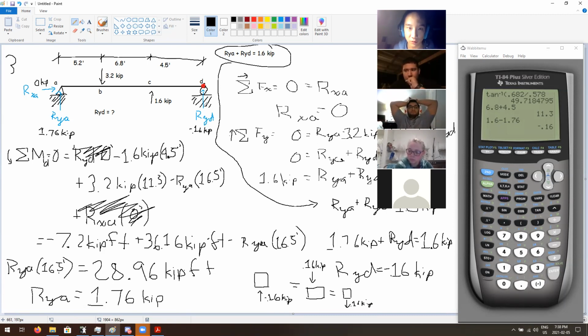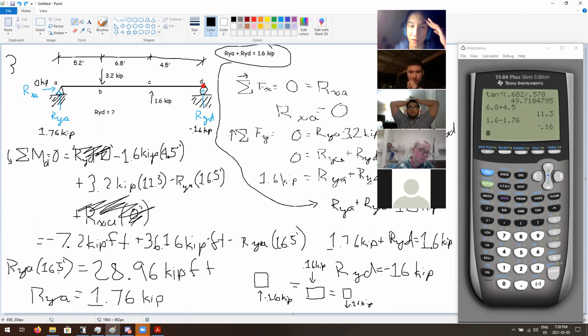So this is pointing up with minus 0.16 kip. It's the same as if you just flip it and then change it to positive. It's as simple as that. So for the worksheet, make sure you notate which way your vector is pointing.